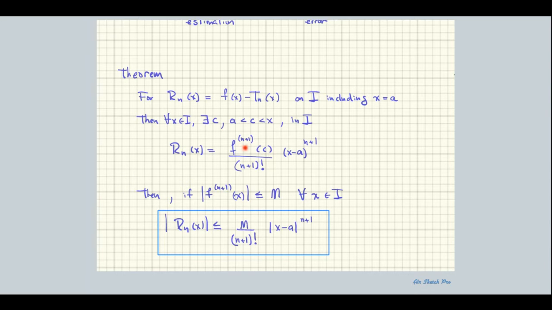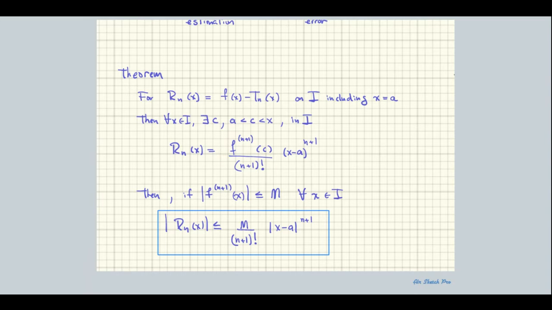This is the n plus 1 term, the one dealing with the n plus 1 power, at some value c. Not at a, not at x, but it's some value between a and the x that I'm trying to approximate. In just a moment, x will be 11, and a 8, and the function will be the cube root function. That's the one I'm going to be working with.